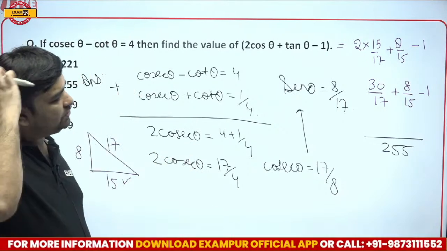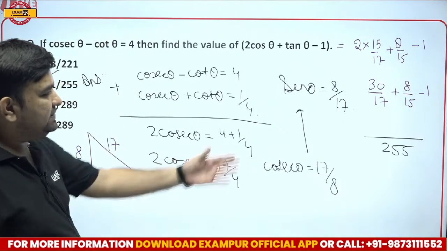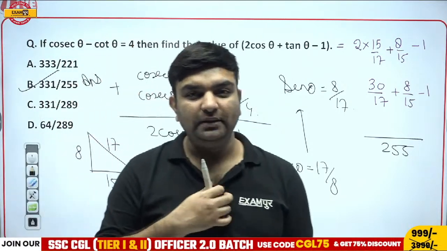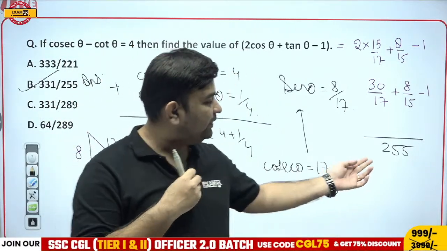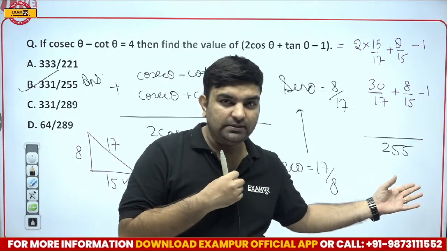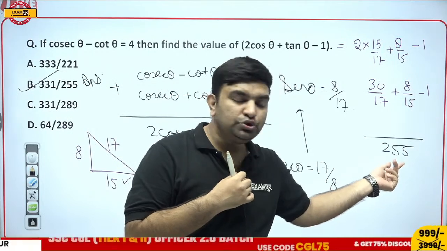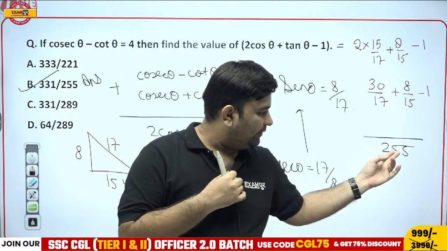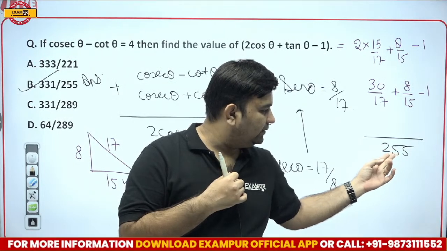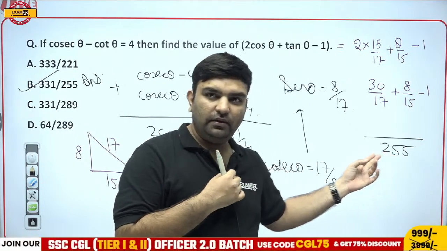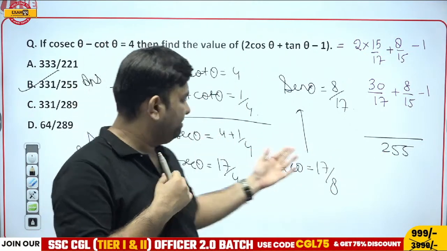If you don't solve it, no issues, okay? Otherwise, some of you might be thinking, sir, what if this gets simplified? Even if this gets simplified, it will reduce to one of its factors. Dividing by 2, no. Dividing by 3, 85, not available.